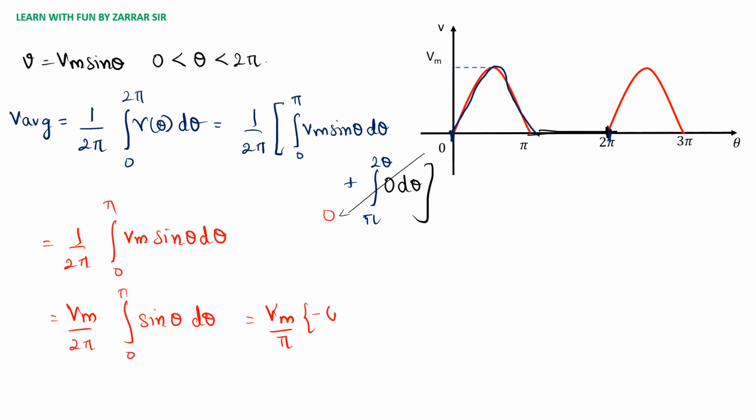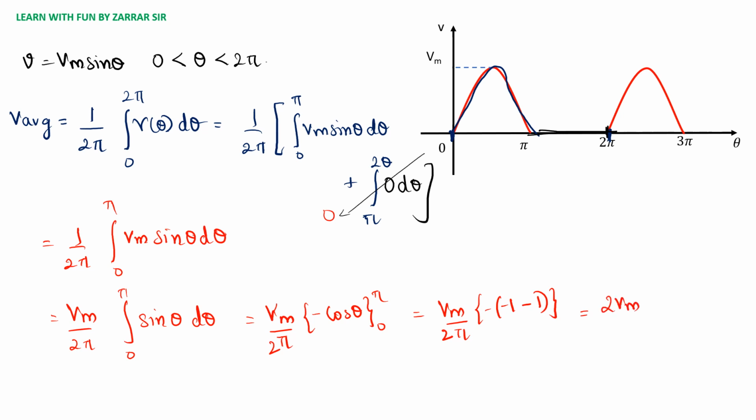Let's put the minus aside. Cos theta from 0 to pi: cos of 180 is minus 1, minus the lower limit, cos of 0 is 1, so minus 1 minus 1 is minus 2. Sorry, I forgot the 2 over here. With the minus aside, it turns out to be 2.